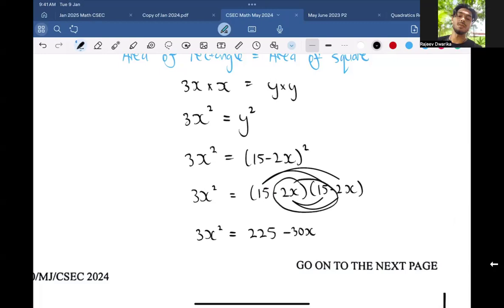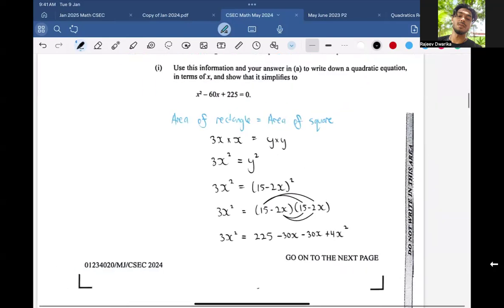Where's minus 2x by 15? Minus 2x by 15, minus 30x. Yes, sir. And where's minus 2x by minus 2x? Plus 4x squared.